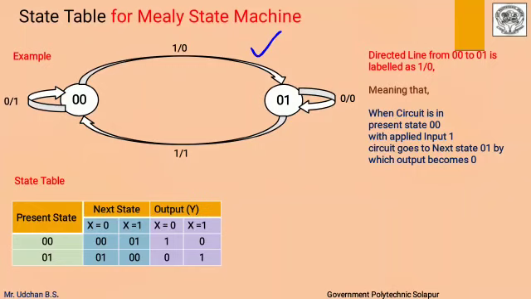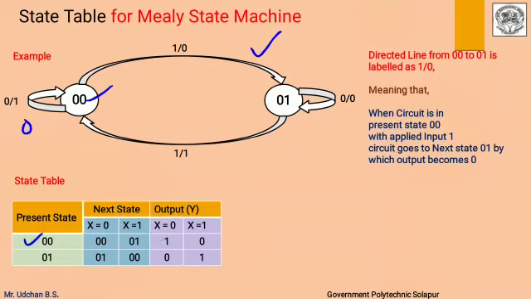So if we observe the state diagram, if we take this present state 0 0, when we apply a 0 input to the machine, it remains in that state only. Means the next state for this present state 0 0 is 0 0 itself, for the value of input as 0, and its respective output will be 1, which is written over here for x is 0.